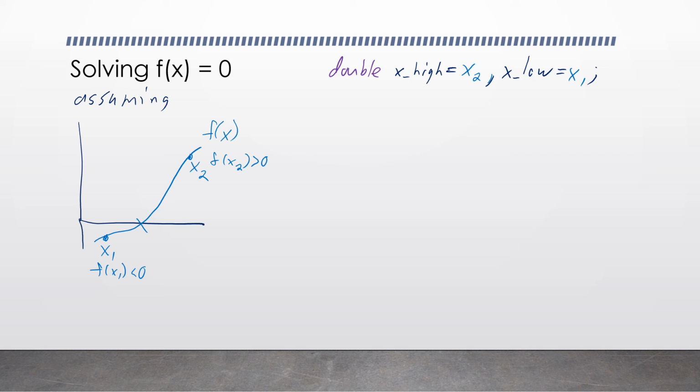So we initialize those to our two bracketing points. Then we create double f high equals, assuming we've defined a function f of x high, and f low equals f of x low.